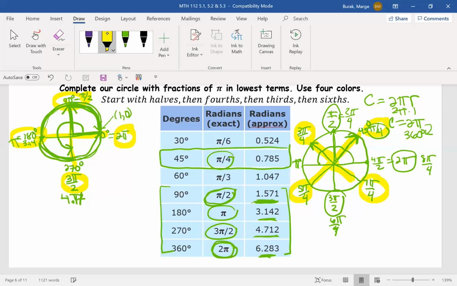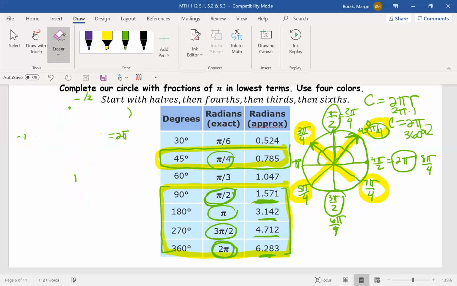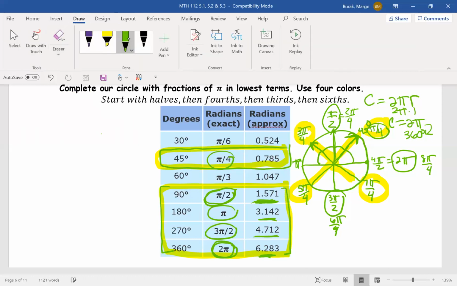So these are half of our very important angles. These are the fourths, and then the quadrant angles. All right, and we'll put these on our unit circle. Now I'm going to erase this one over here because I want to do the thirds. I'll go back to this one.